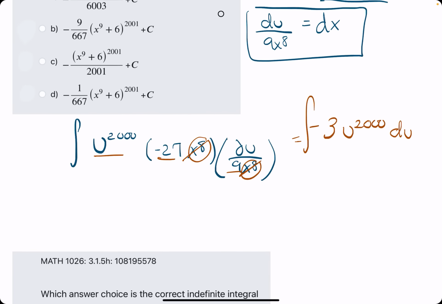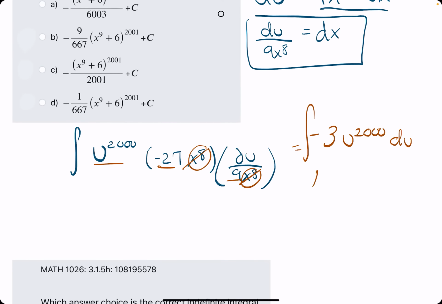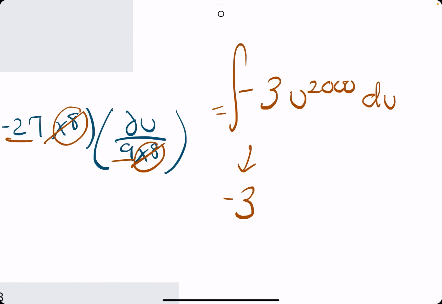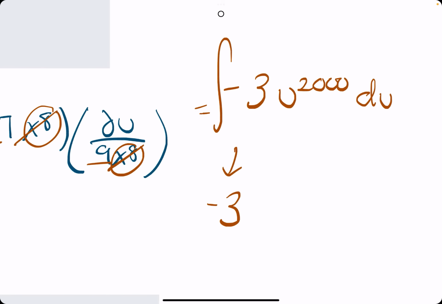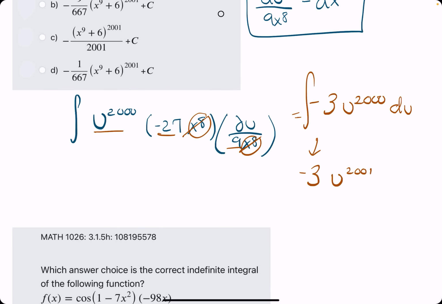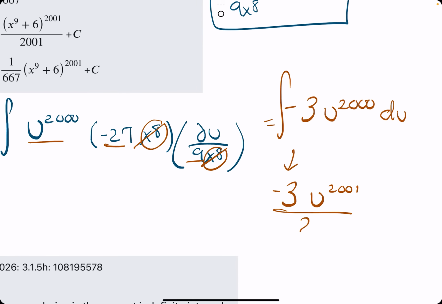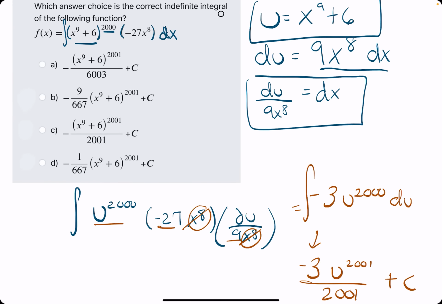So now we can find the antiderivative of this. We start by leaving the negative 3, and then we add 1 to the exponent to give us 2001 in the exponent, and then we divide by whatever that new exponent is. So dividing by 2001, and then we say plus c, and then the answers will be in terms of x.